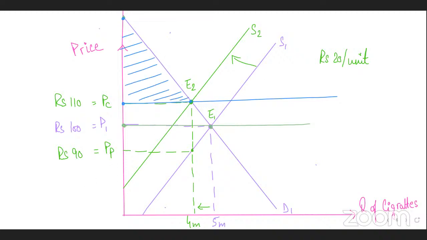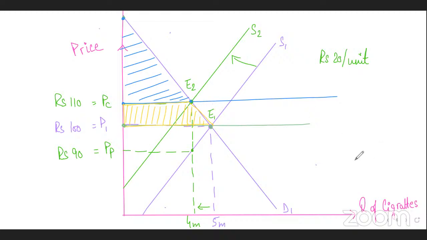We got on this? So what it actually means is that the area of this trapezium is the loss of consumer surplus. The area of this trapezium that I'm shading, which was previously part of your consumer surplus, is now no more part of your consumer surplus. This is the loss of your consumer surplus. How many of you understood me?